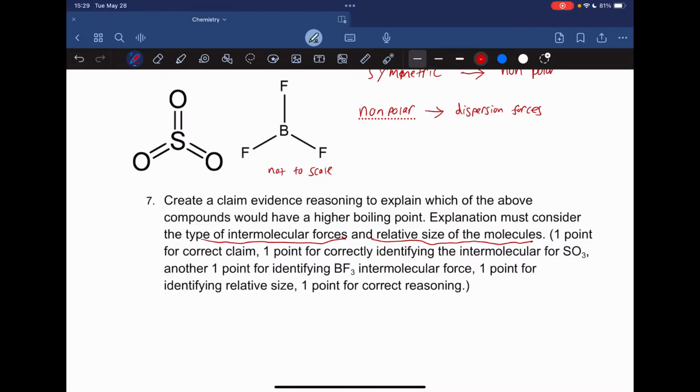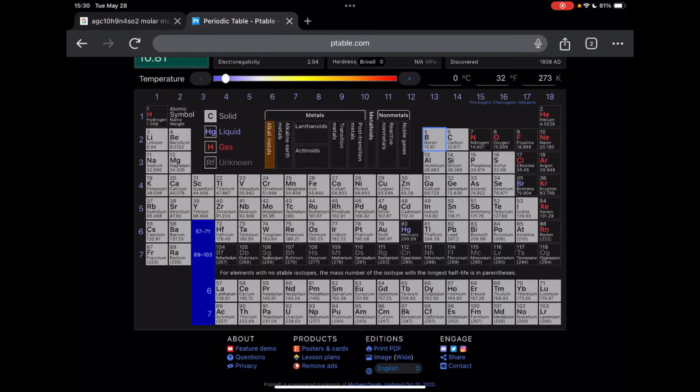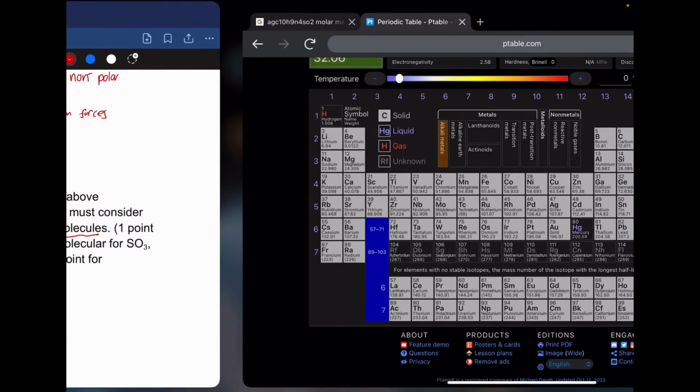But if they were drawn to scale, the sulfur trioxide over here should be much larger. This is because sulfur itself is a much larger molecule than boron. Boron's molar mass is 10.81, whereas sulfur's is 32.06.